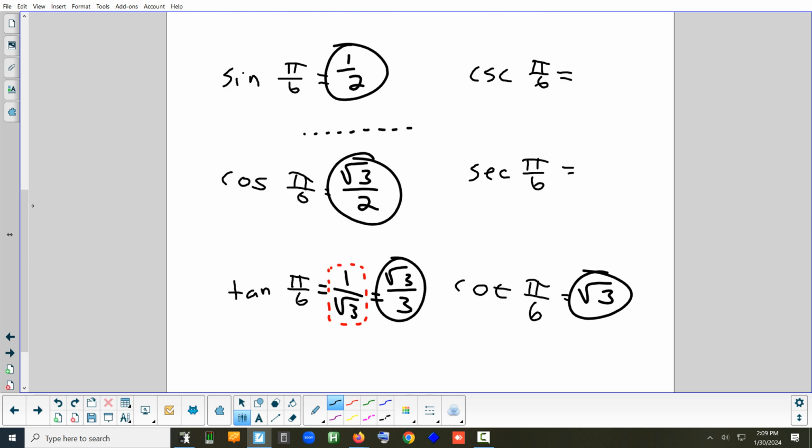How about my cosecant? That's going to be 2. It's always nice when there isn't a root. It's easier to flip. And how about my secant? 2 over square root of 3. So we can start with 2 over the square root of 3.